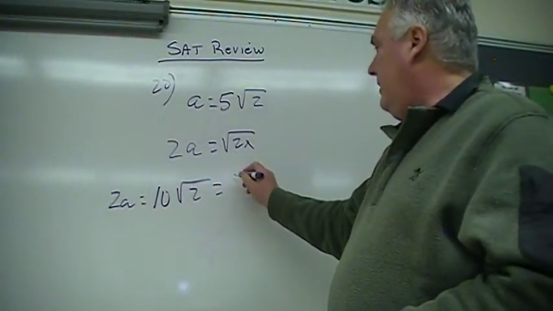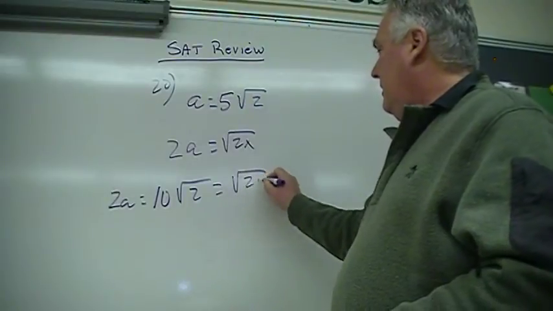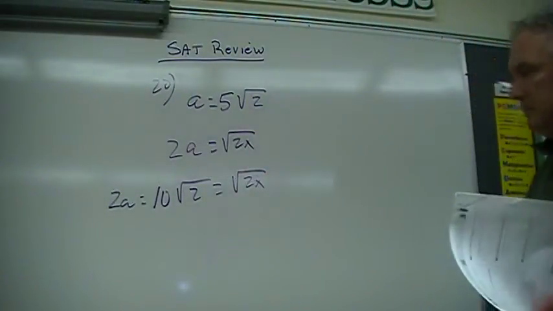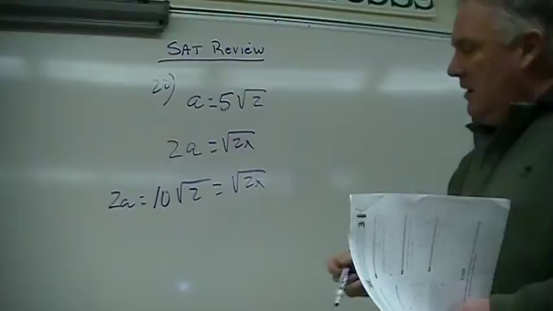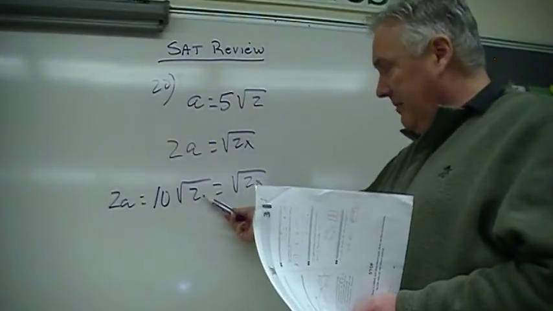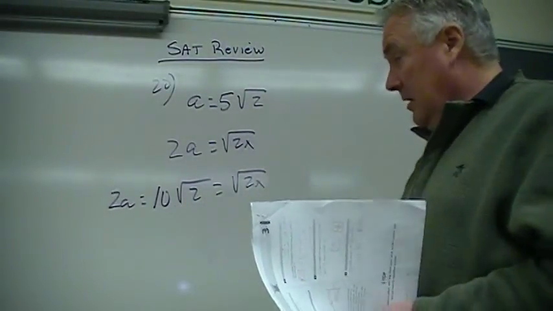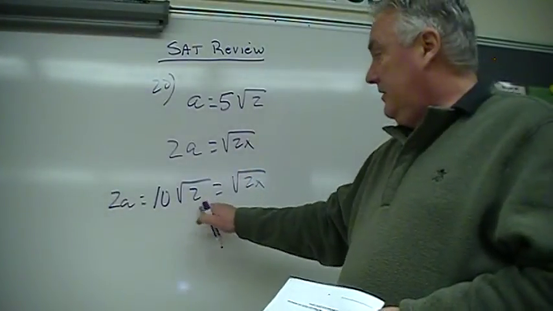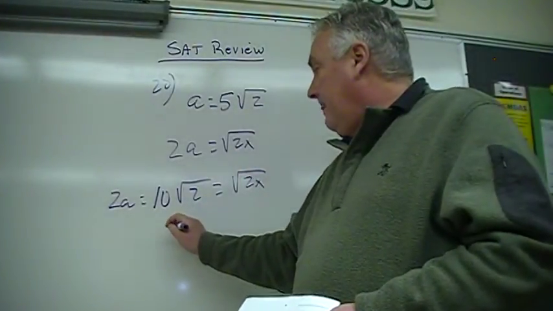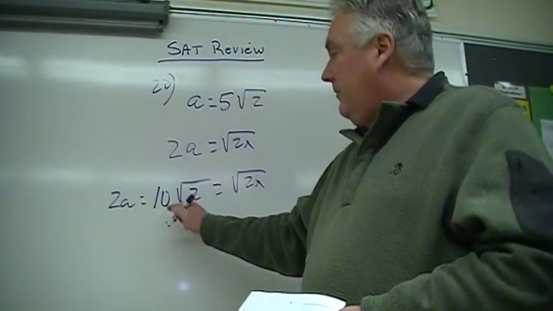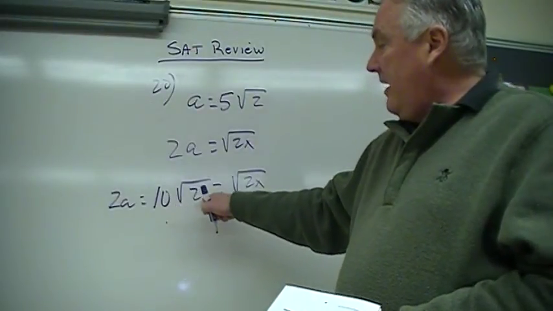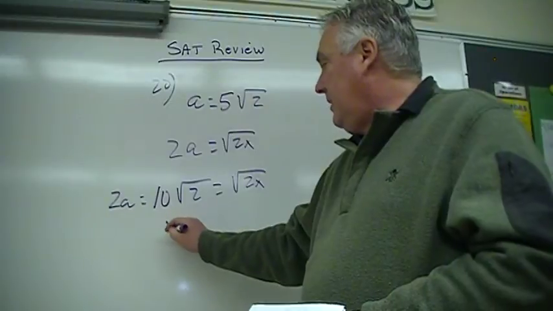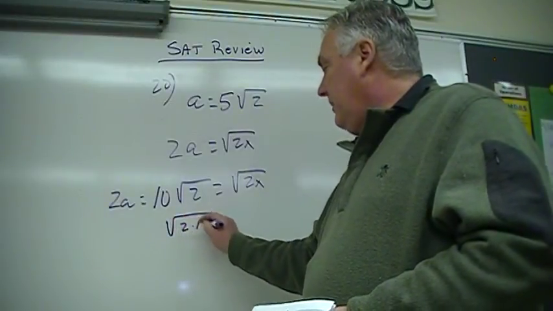So now we've got to figure out, well, what's the square root of 2x? If we have a 10 here, that means inside we had to have 10 squared to go inside here, because to pull this out, we have to have 100 in here. And here's what I mean. The square root of 2 times 100.